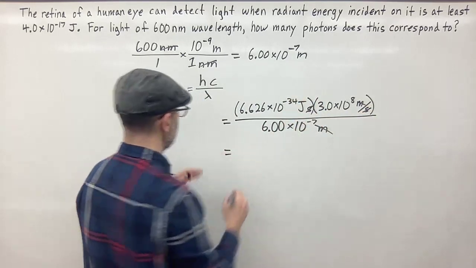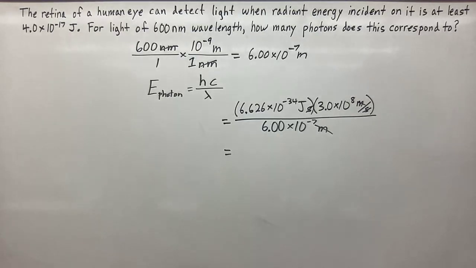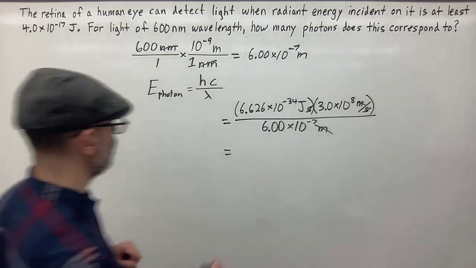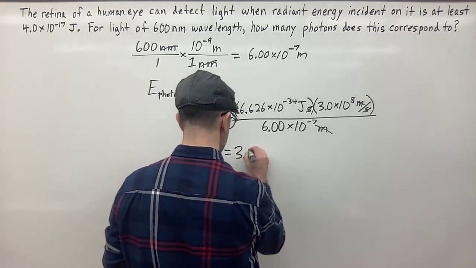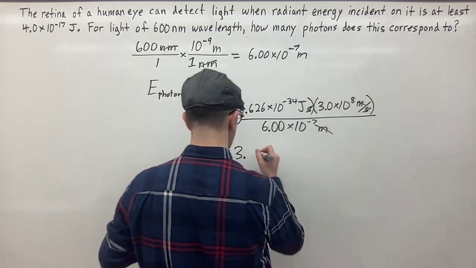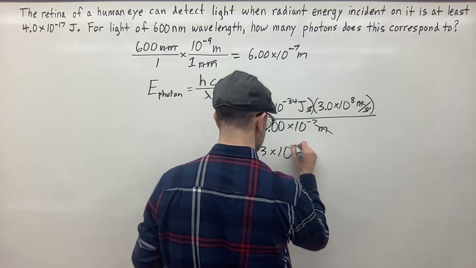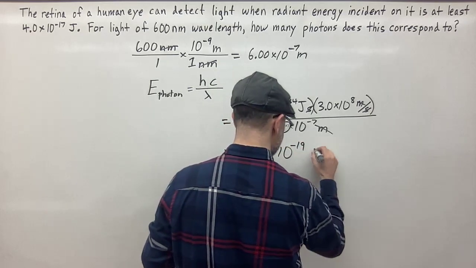So now when I calculate this, I get 3.313 times 10 to the negative 19 joules.